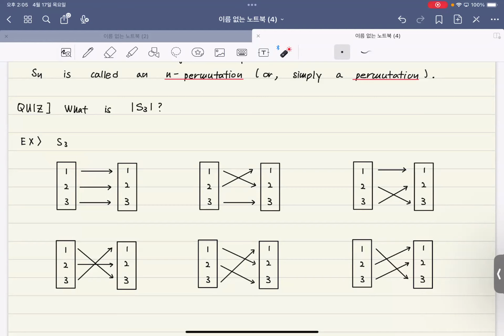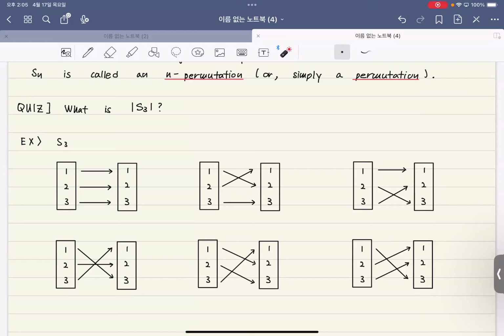I say this is not just a permutation set, but a permutation group. This is a group because it has some sort of multiplicative structure in it. You can pick two different functions from S_n and multiply them. This is not exactly multiplication, but composition of two functions. Suppose you have chosen two bijective functions from S_n; if you compose them together, the resulting function is also a bijection from N_n to N_n, right?